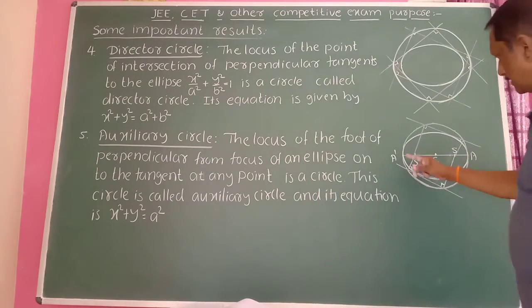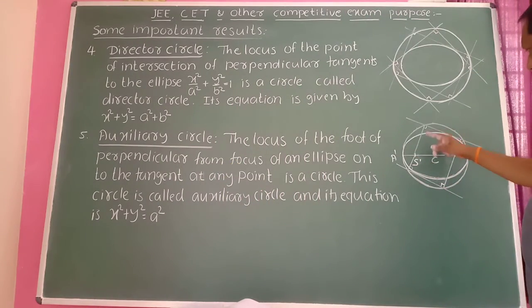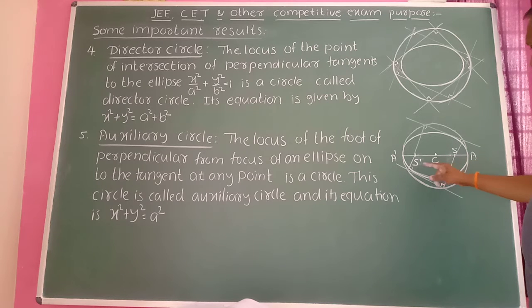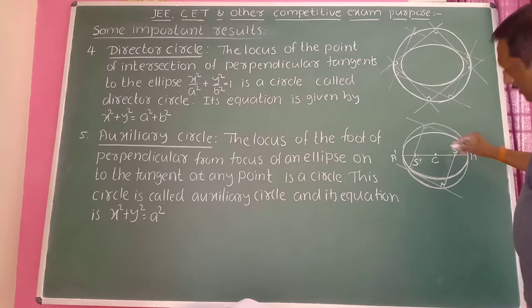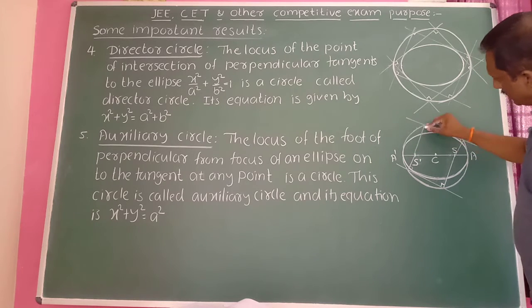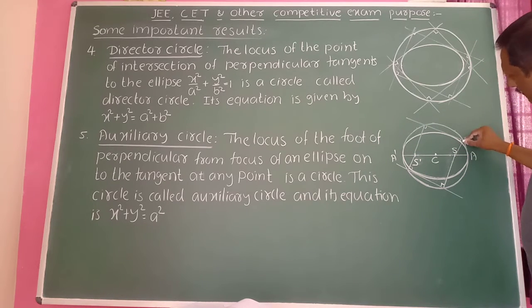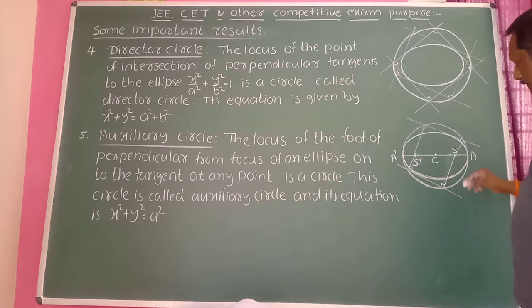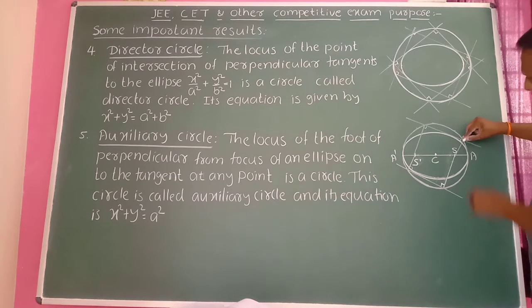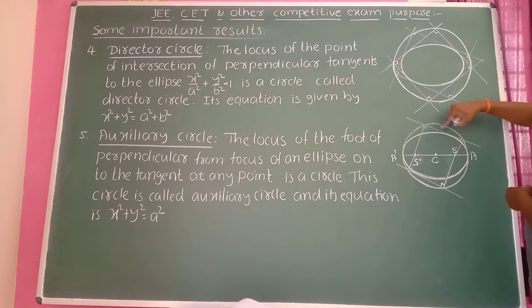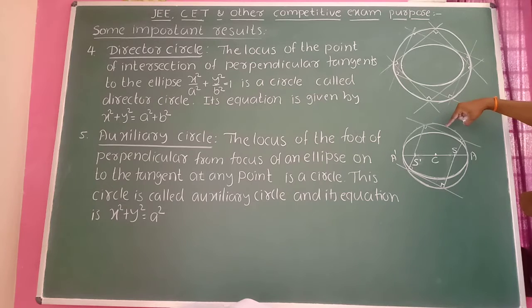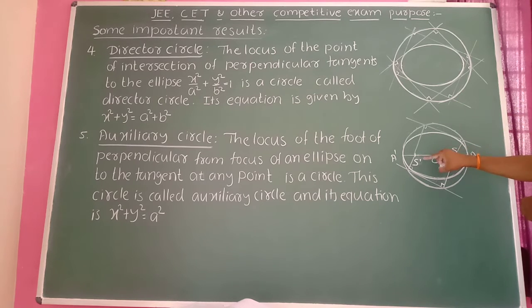If this is the ellipse, and S and S' are the foci, then this is the tangent. You just draw a perpendicular to this tangent from this focus. Here is one point and this is the other point, so both are feet of the perpendiculars from the foci to this tangent.